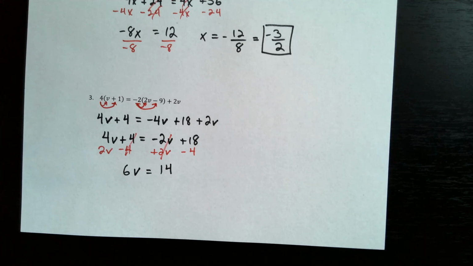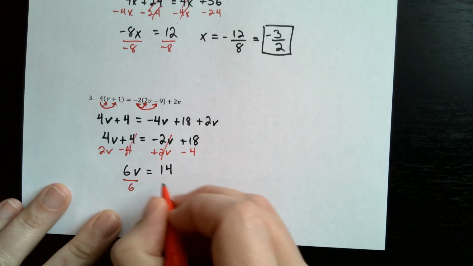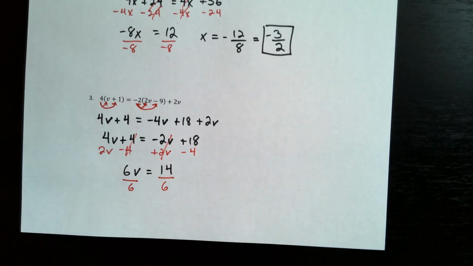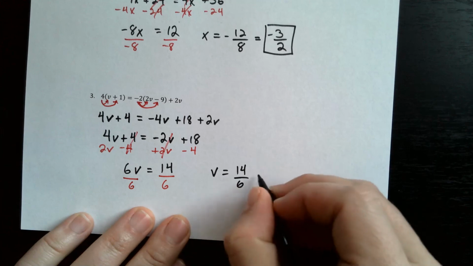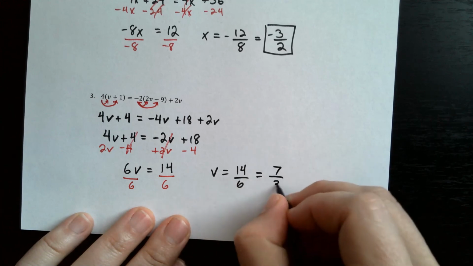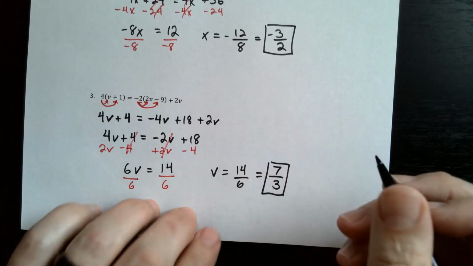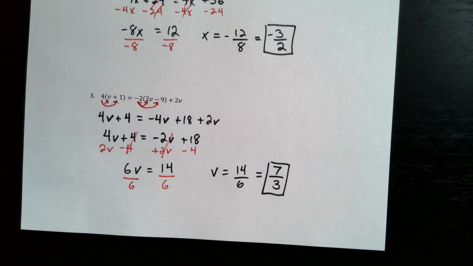Divide the 6 on both sides, and you get v is equal to 14 over 6, which reduces to 7 over 3 when you divide the top and bottom by 2.